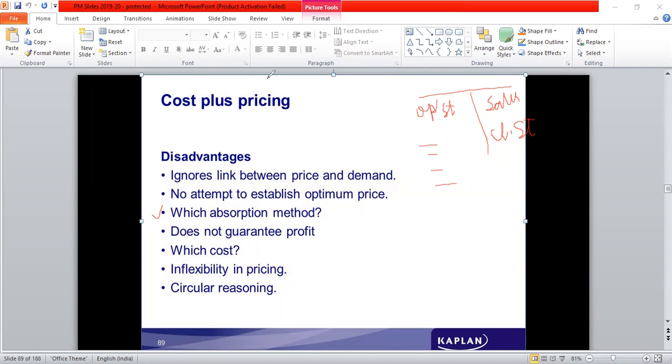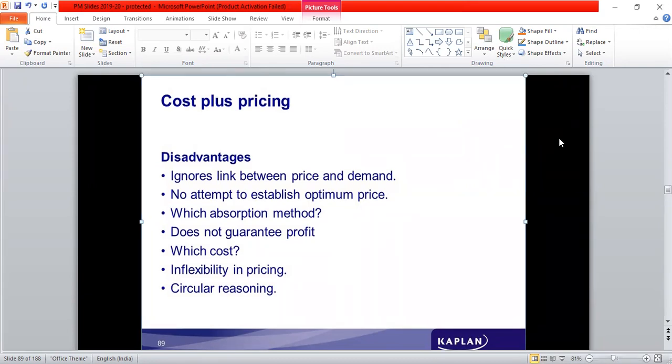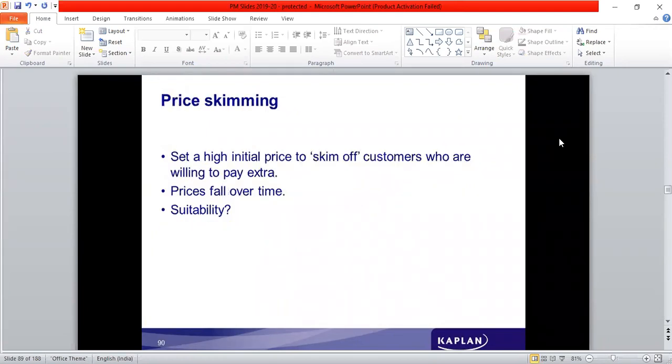Then we see the next one, price skimming. What does price skimming mean? When the product is launched in the initial stages, it is launched at a high price. Later on, they reduce the price. That concept is called price skimming.